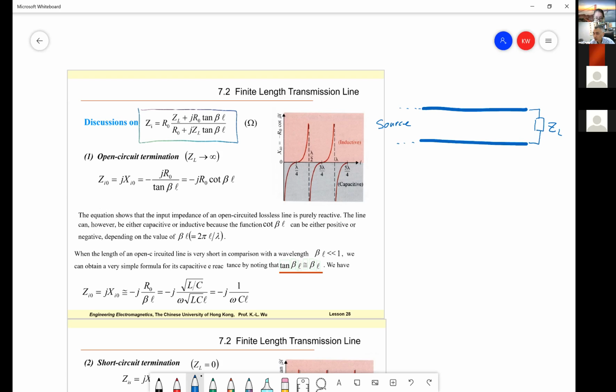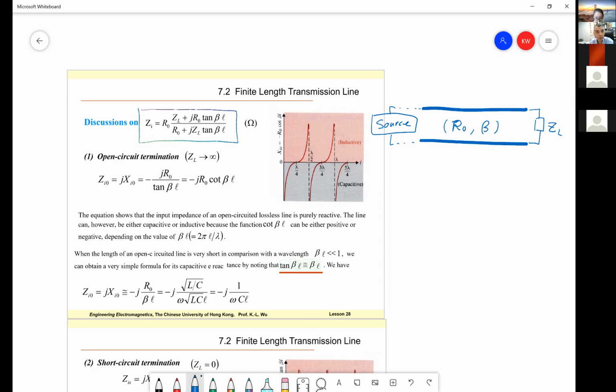Let me put here, we have a source on this side, and I don't care how it is connected, and how far it is from the load is also not our concern. Now, this is a lossless case, so we have R0, we have a beta.